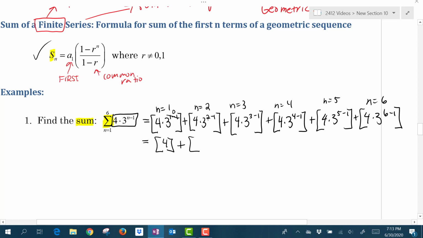Plus 2 minus 1 is 1, so 3 to the power of 1 is 3. 4 times 3 is 12. 3 minus 1 is 2. 3 squared is 9. 4 times 9 is 36. So 4 minus 1 is 3. 3 to the power of 3 is 27. 4 times 27 is 108.